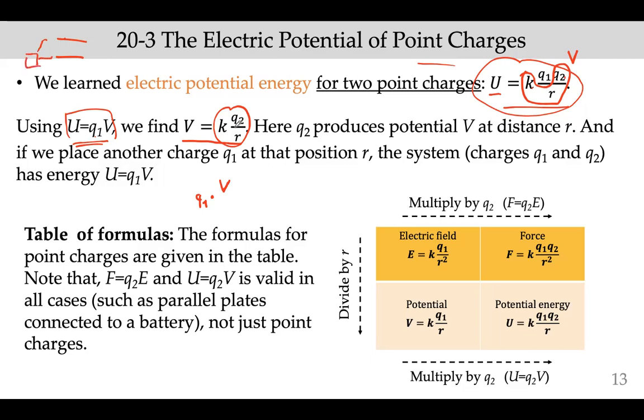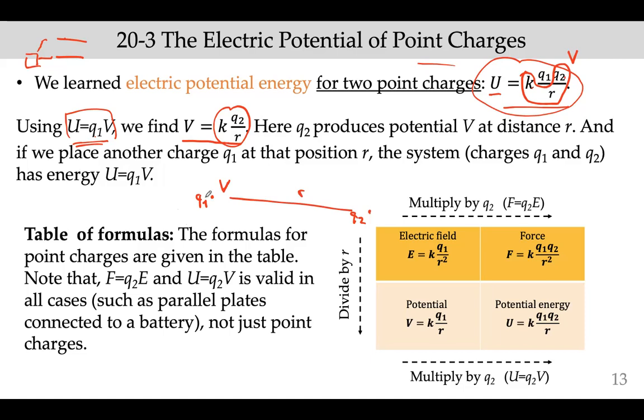But now we are starting to talk about the potential that's created by point charges. Here, the potential is not created by Q1. It's placed in the potential. And this V is created by some other charge, Q2. So maybe there's this charge Q2 here, and this distance is R. So this Q2 creates potential at this point.